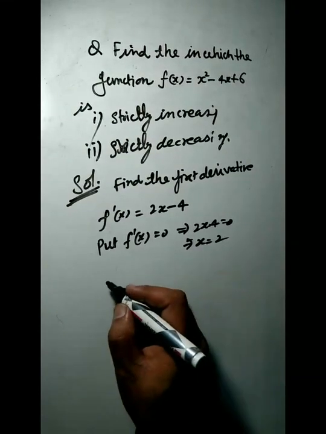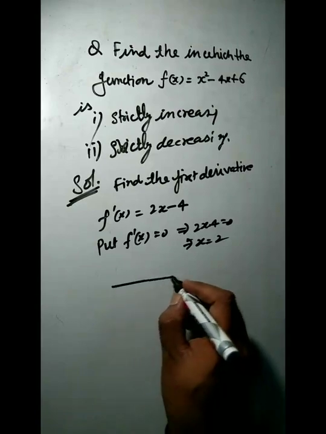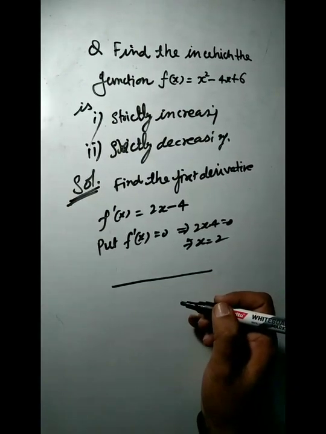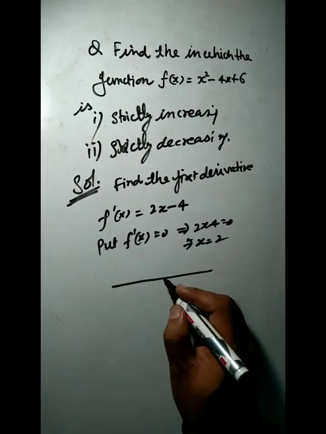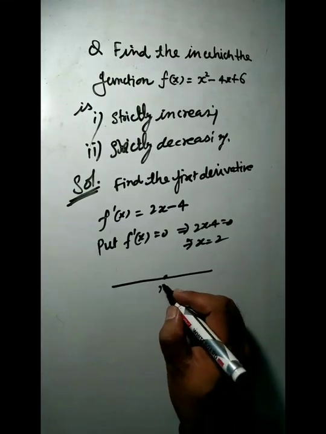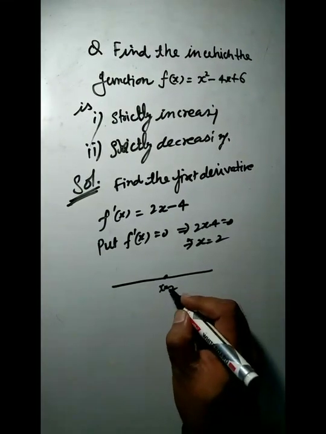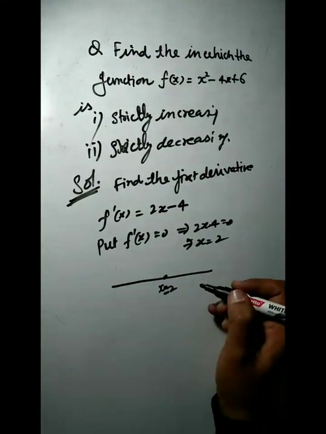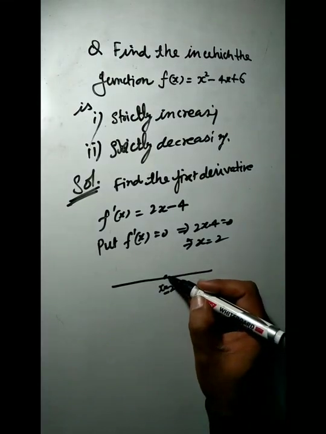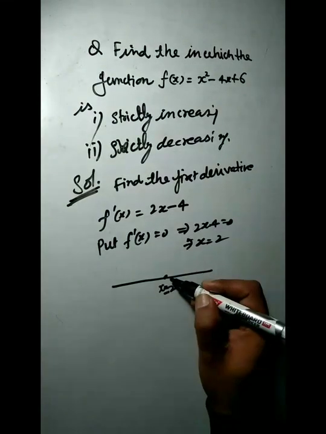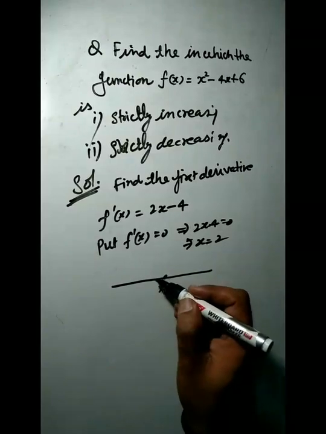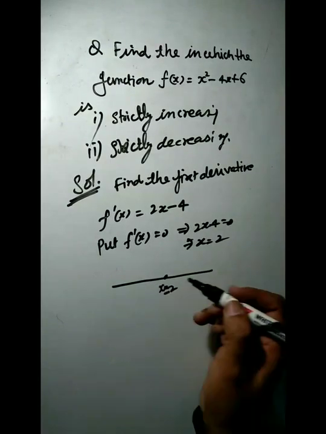Now we will check on the number line here. At x equals 2, the value of f dash is 0. So let us check beyond this x equals 2 and below this x equals 2.